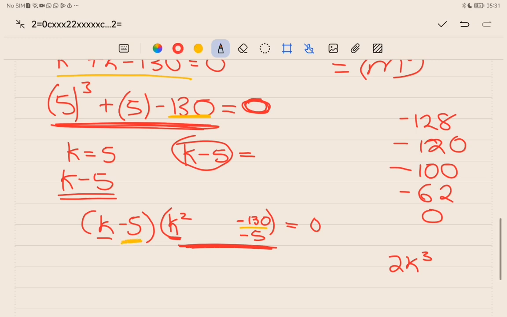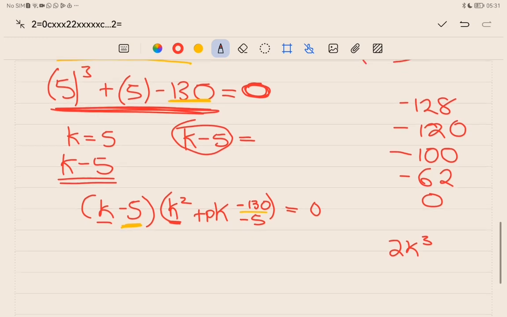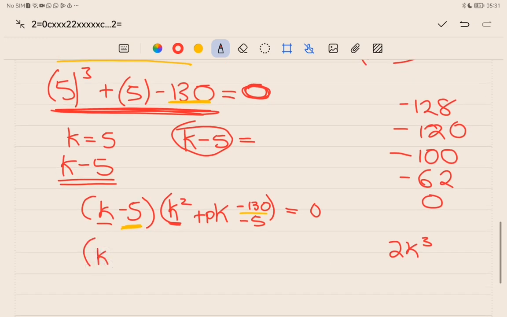Then let's say plus pk, because we don't know the value of p. So now let's simplify this. k minus 5, then here you have k squared plus pk plus what is it? Punch your calculator. Negative 130 over negative 5 is 26.